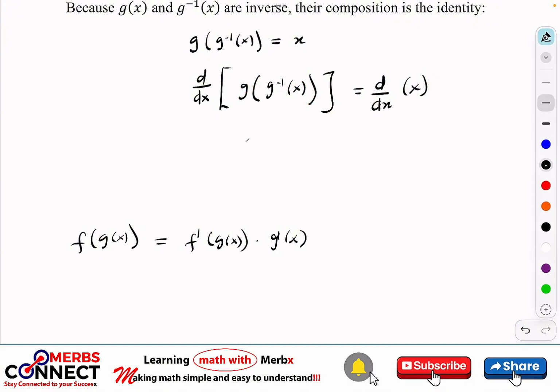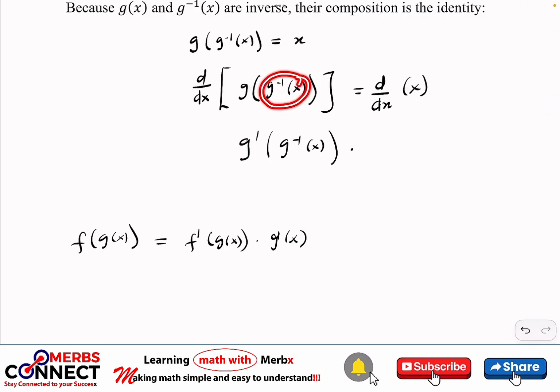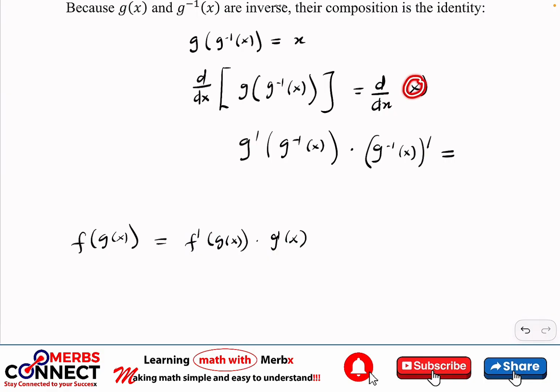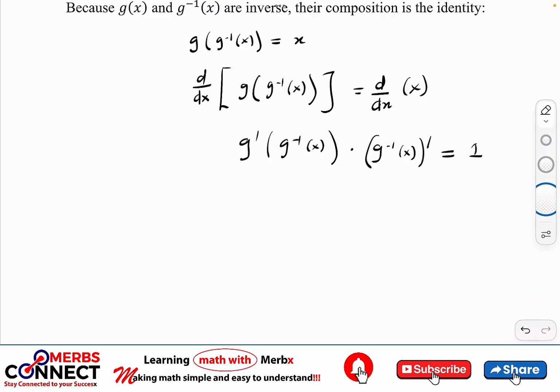So this is going to give us g prime of g inverse of x times, then we take the derivative of what is inside, what is g inverse. So this is going to give us g inverse of x prime. And this is equal to, when I take the derivative of x with respect to x, 1.